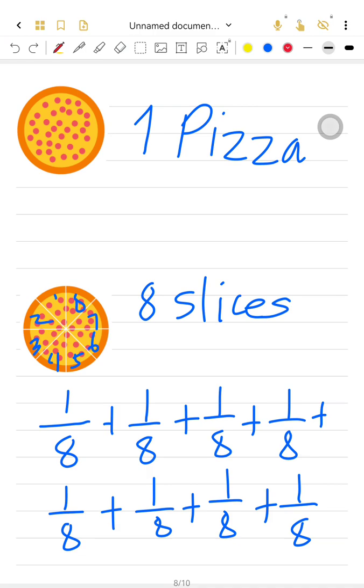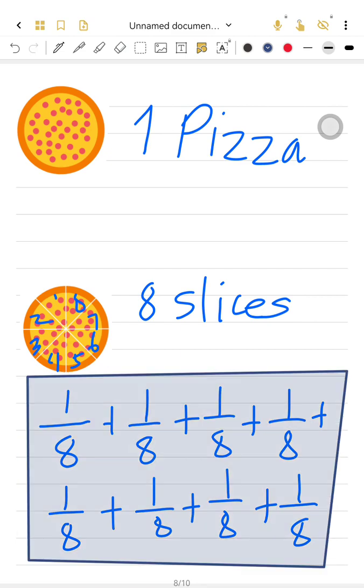Therefore, each of my friends, including me, will receive 1/8 part of the pizza. If we add all of these, it will give us 1. That will go back to 1 pizza.